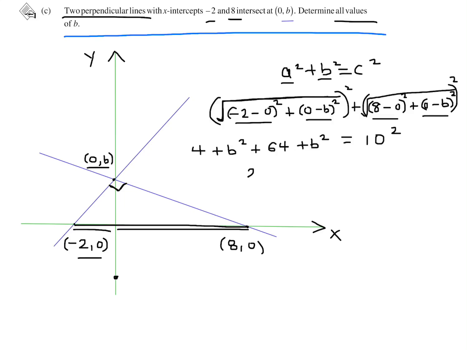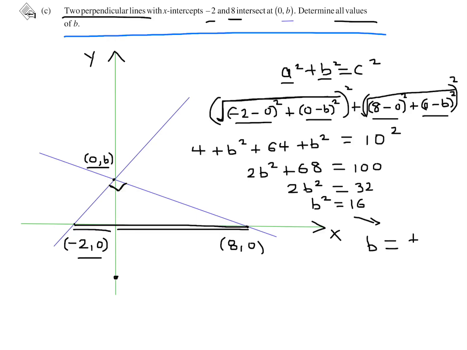So this looks like 2b squared plus 68 is equal to 100, and therefore 2b squared is equal to 32, b squared is 16, and therefore b is equal to plus or minus 4. So as I had previously stated, there is indeed a b here, which is 4, and there's a b down here, which is equal to negative 4. So those are the two values for b.